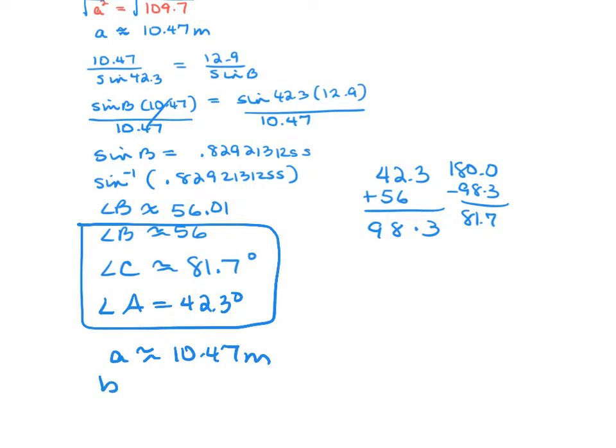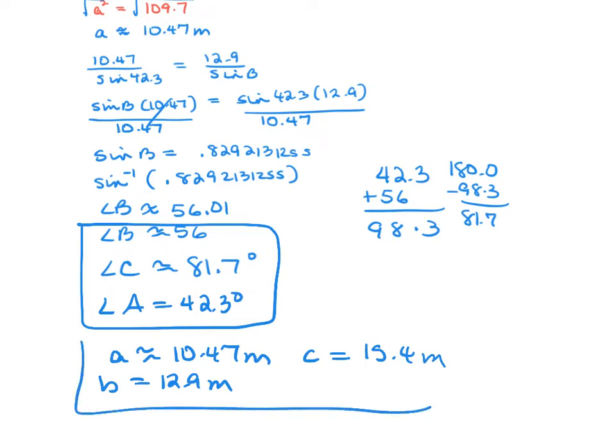Little b was given to us, 12.9 meters, and little c was also given to us, 15.4 meters. So now we have all three angles and all three sides. So again, remember when you're doing the side angle side case, you're going to first find the side that's across from the angle that's given, and then from there, find the smaller of the two remaining angles.